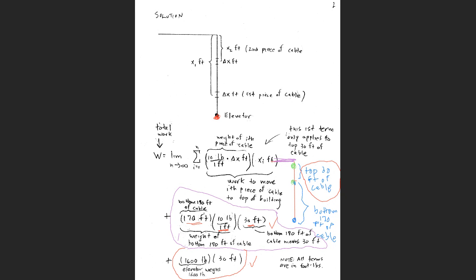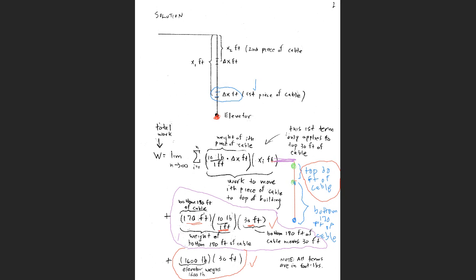Well, let's just look at the picture here. You see here I've drawn a piece of cable that has a width of delta x feet. It's a small chunk of cable, and I'm going to call it my first piece of cable.